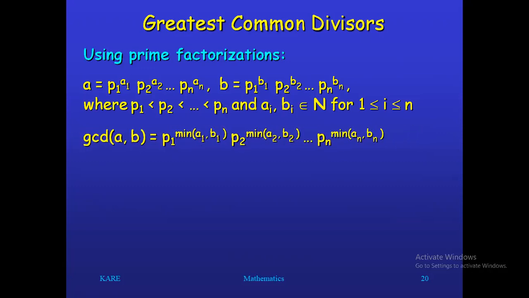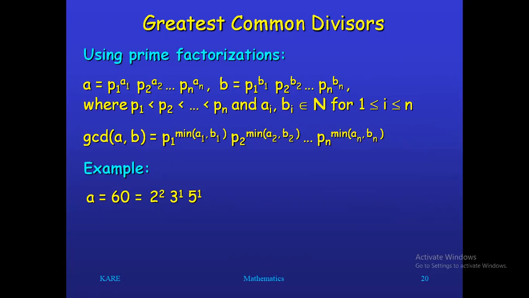So how can I write the GCD? GCD of a comma b is equal to P1 power minimum of a1 comma b1, P2 power minimum of a2 comma b2, and the last term, Pn power minimum of an comma bn. This is the basic concept, unique prime factorization. You have been familiar with it in BSc itself.